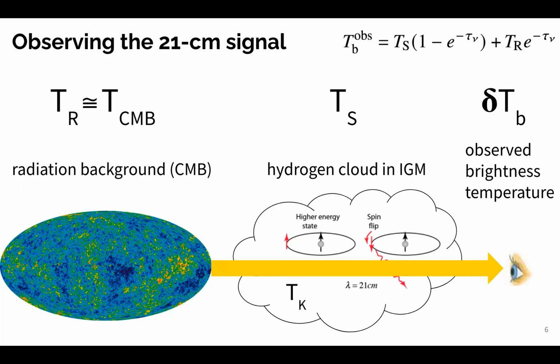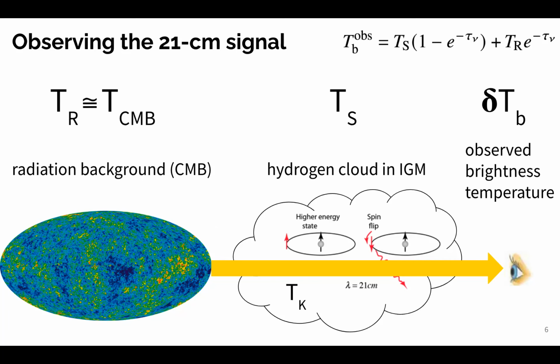So there's a spin temperature associated with that, and there's a temperature associated with the cosmic microwave background. And the 21 centimeter signal induces this temperature difference as seen against the backdrop of the CMB. So it induces a difference in brightness temperature, which is what we observe here on Earth.